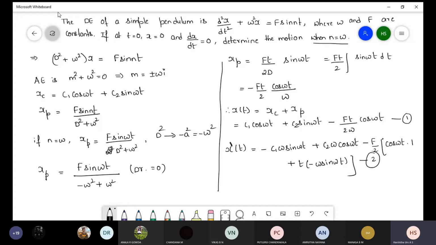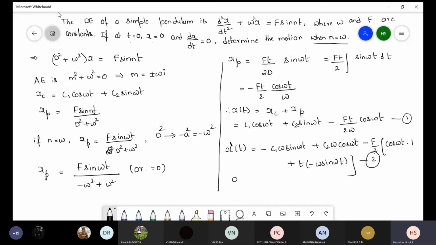They have given the condition: at t = 0, x = 0. So in equation 1, x(0) is 0, because t is equal to 0 and x is equal to 0.